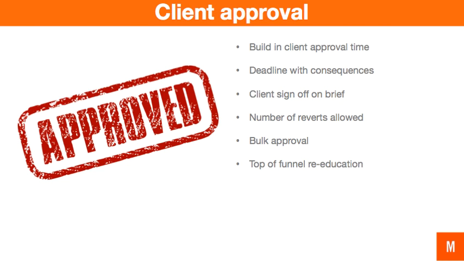The next stage is once the content has been produced, and a very, very important part of the project plan is client approval time. So often you meet all your deadlines and then the client fails to meet theirs. So a good strategy here is to give a deadline as to when you need feedback or when you need sign off, and give consequences for if they do not meet that deadline.